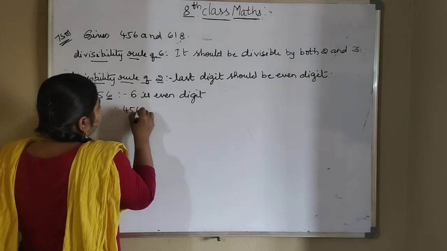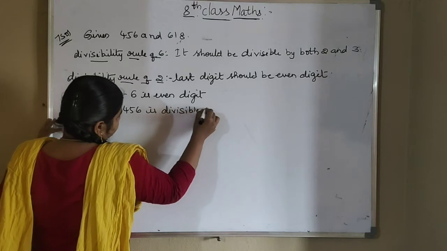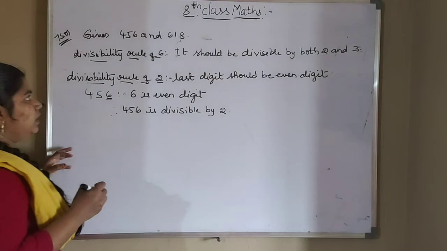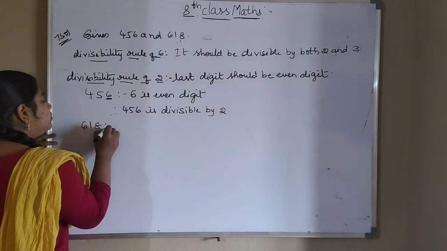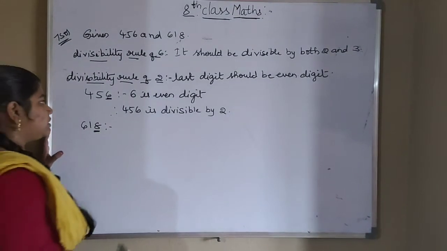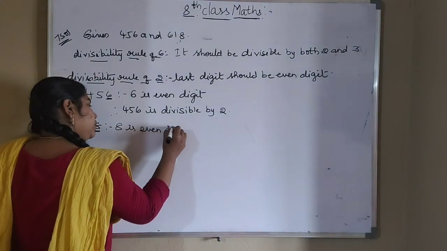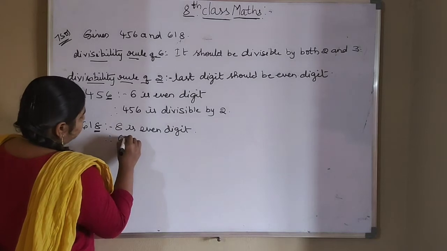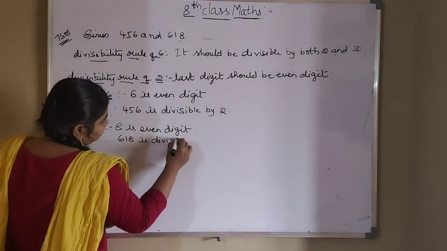Therefore 456 is divisible by 2. The same way we'll check for this one. What is the last digit? 8. 8 is also an even digit. Therefore 618 is divisible by 2.